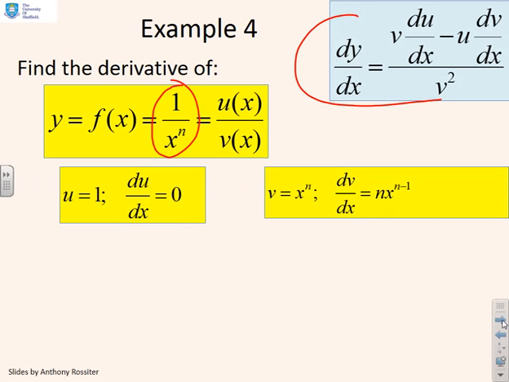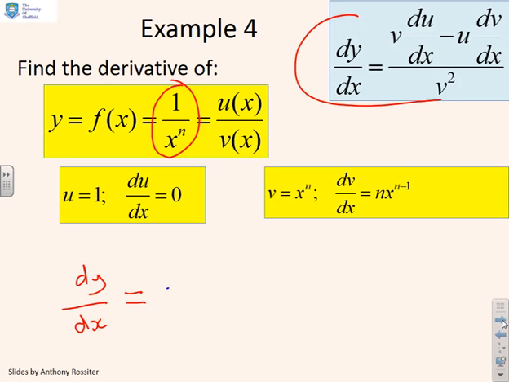So now all I need to do is plug those into the formula, and you'll see I get dy/dx equals v, n x to the n minus 1 times du/dx, so that's times 0, and I've made a silly mistake there, and that happens, I do apologise, let's write that again.